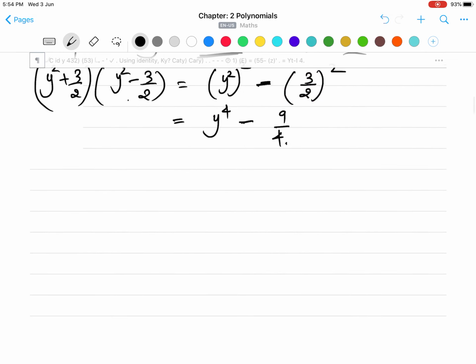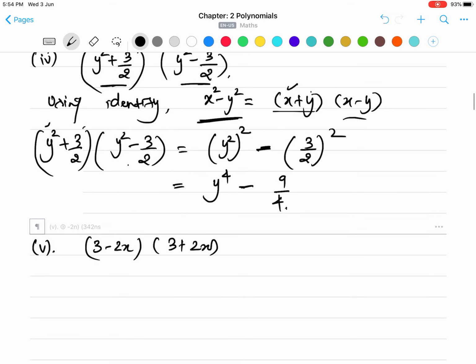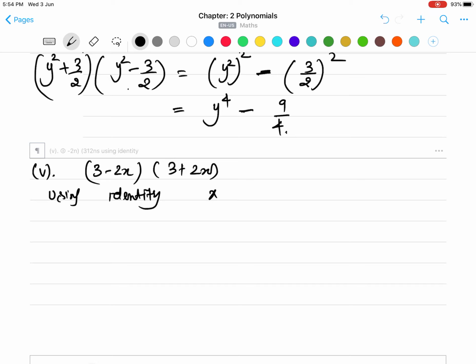Okay, now come to the last part of this question number 1. We have (3 - 2x) multiplied to (3 + 2x). Again we can use the identity which we have used in the previous part. So write using identity, we'll use x² - y², which is given by (x + y)(x - y).